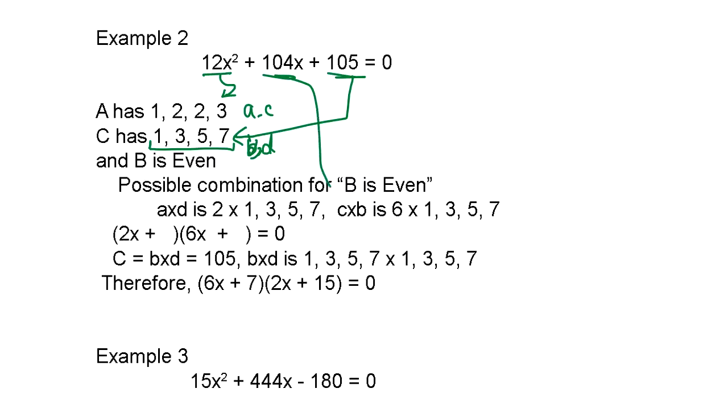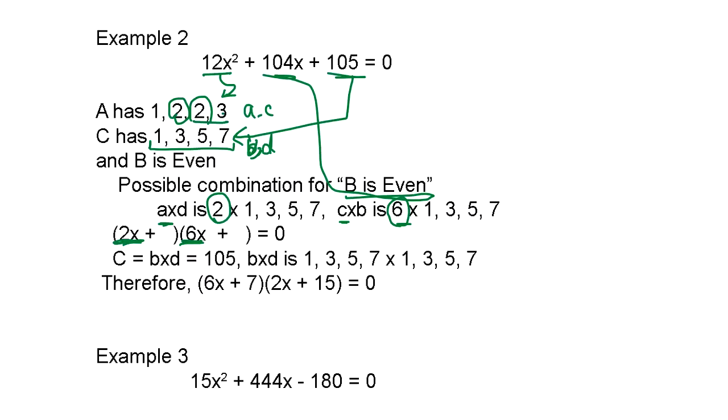B is even, so a can have 2 and c needs to have the even number, but 3 has to go on either side, so it's going to be 6. So we determine the header numbers.